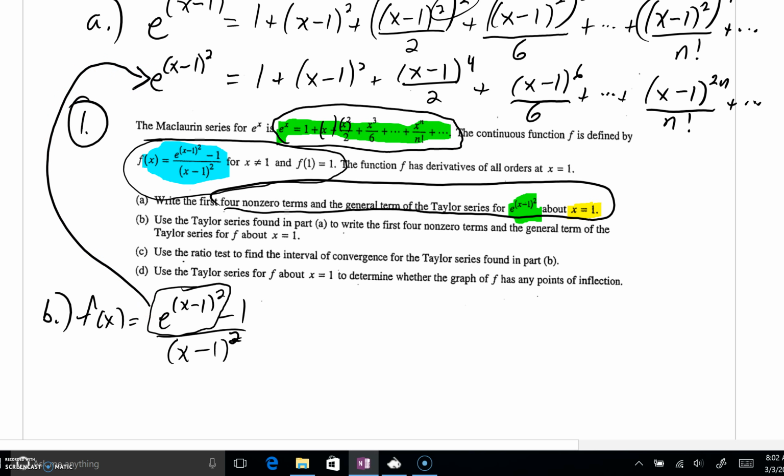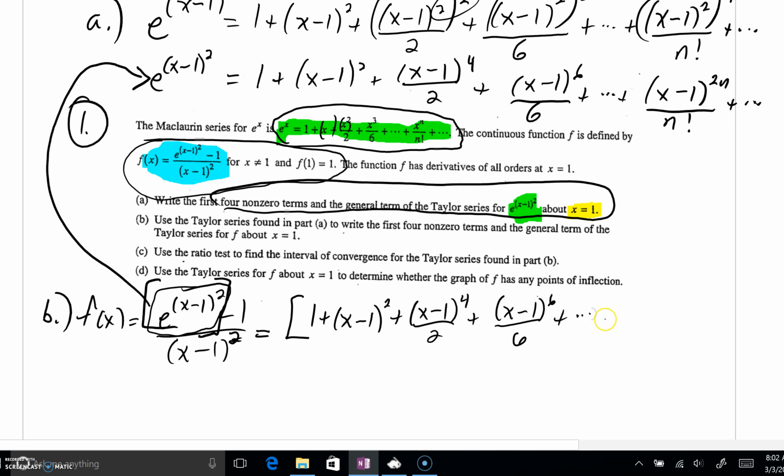I do have a Taylor series centered around x equals 1 for that. So what you do is you make that huge substitution. We're going to have an infinite series here. Infinite number of terms. I'm just going to write that down here. We've got our first 4 terms that we're writing out just this way.